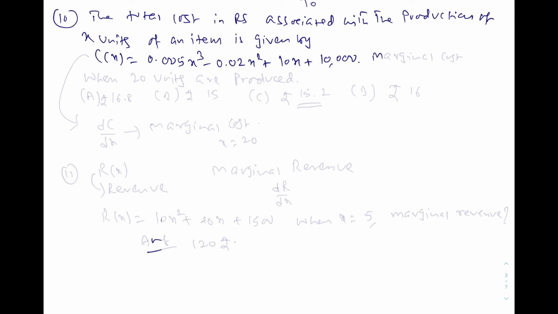The question is, what is the marginal cost when x is 20? So when 20 units are produced.